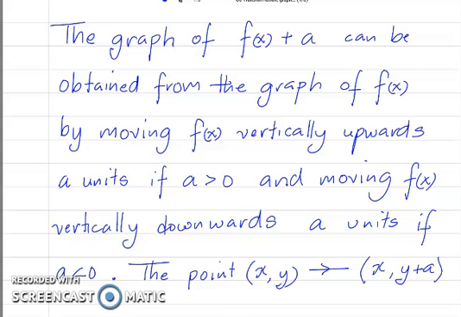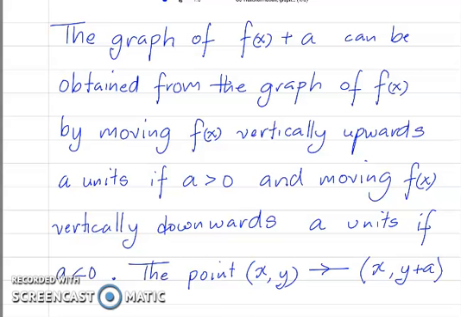Now, another important point is that when you translate the graph of y is equal to f of x to the graph y is equal to f of x plus a, any point x, y on the graph of y is equal to f of x is going to become the point x comma y plus a, and a there could either be positive or negative.